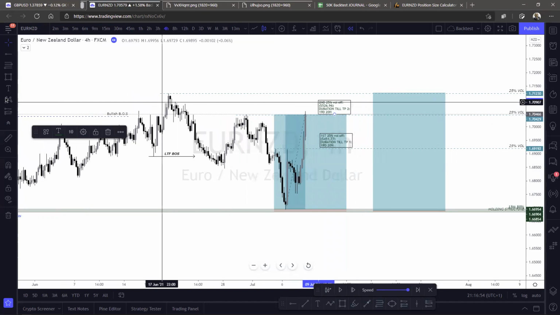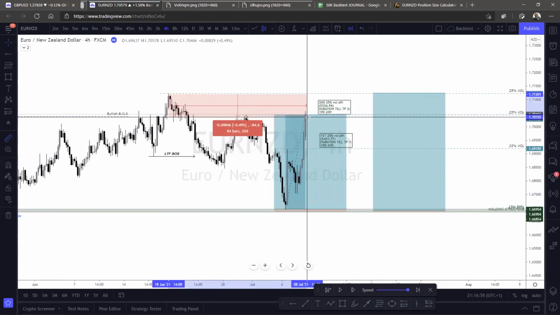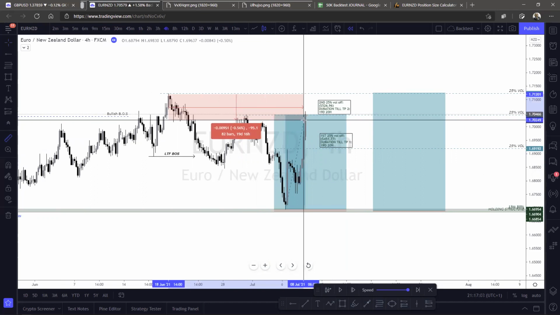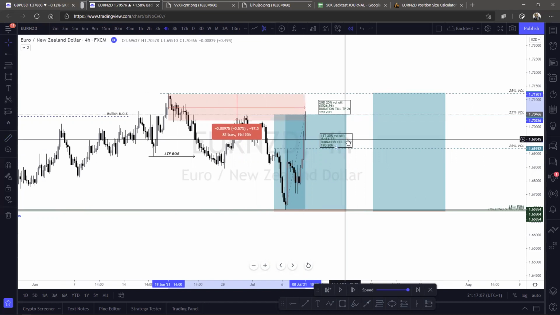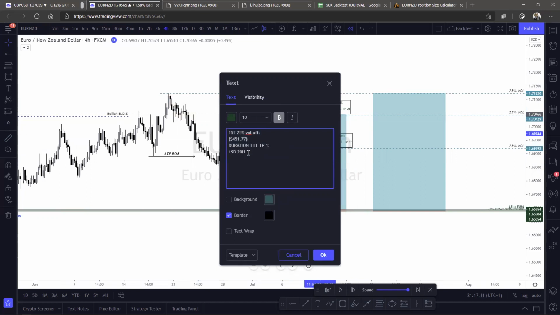Is how long? Price made this, how's it the same? Oh, okay, so that one was 16 and this was 20 hours. So this one was 16 hours.